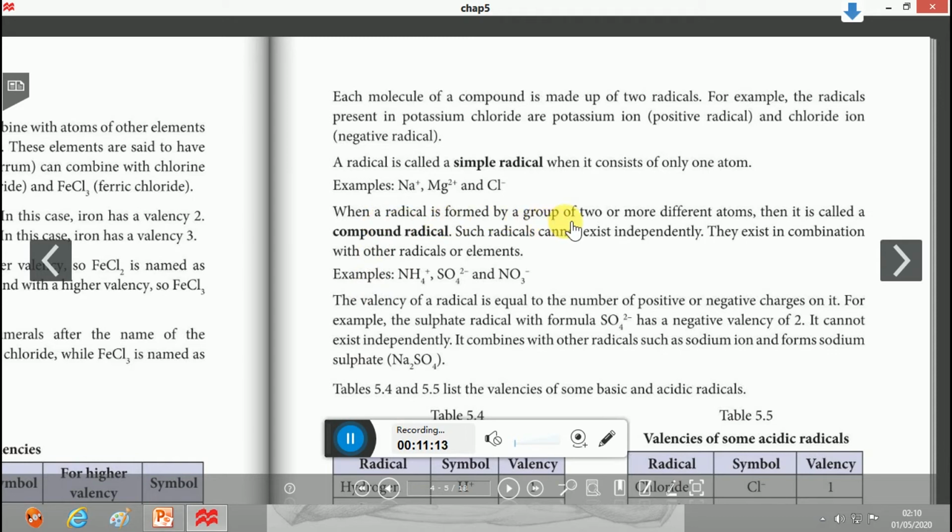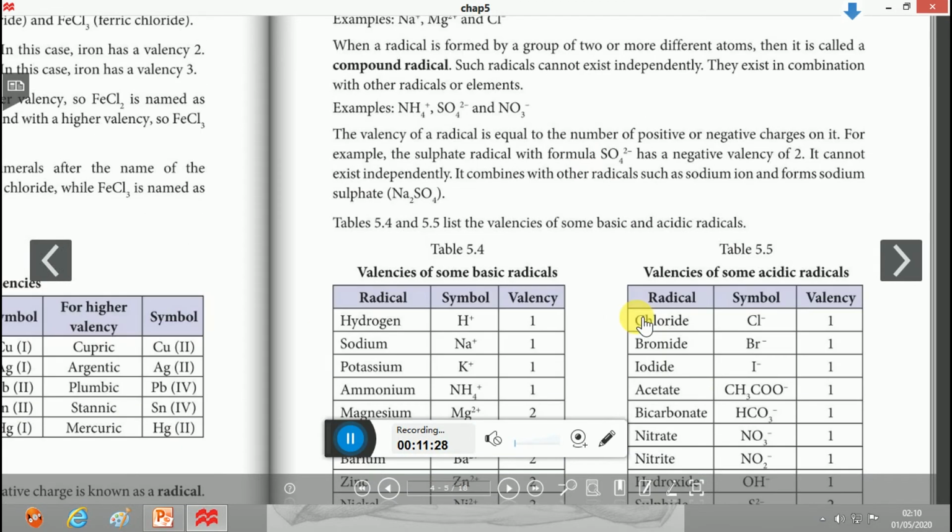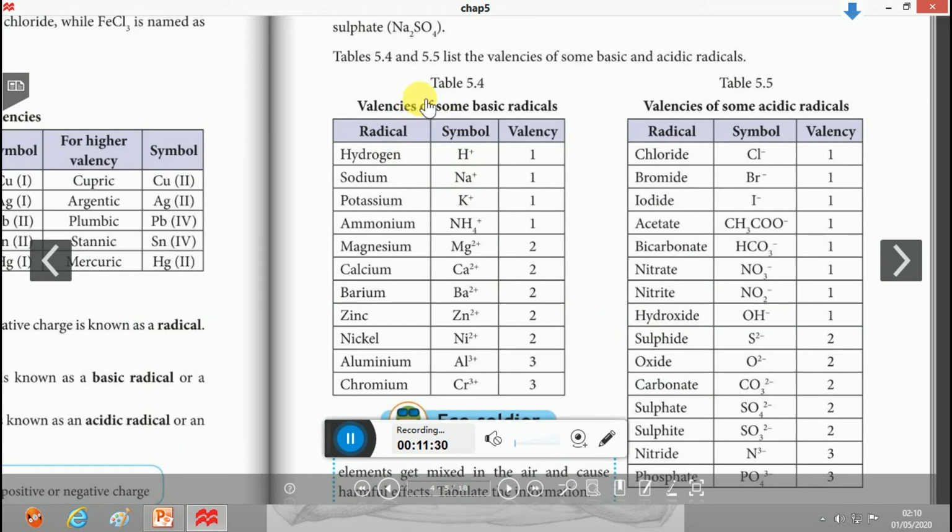When a radical is formed by a group of two or more different atoms, it is termed a compound radical. For example, ammonium NH4 plus, sulfate SO4 minus 2. Table 5.4 and table 5.5 depict all the types of radicals.